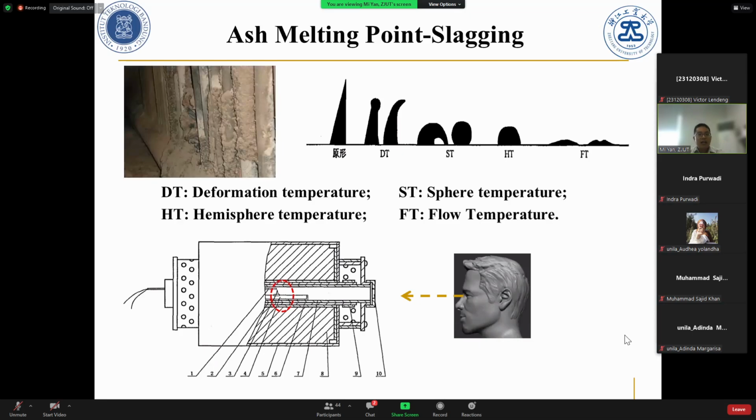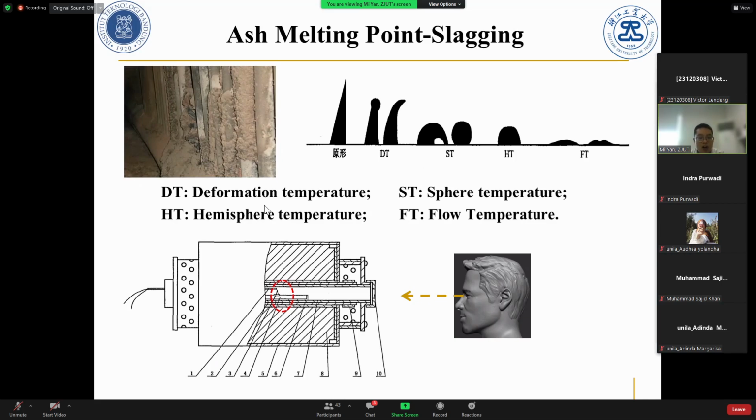And for combustion, the ash is also very important. Especially for biomass, it easily becomes fouling or slagging, so it will stick to the tube, the heat exchanger. So you have to know the character of your MSW ash.